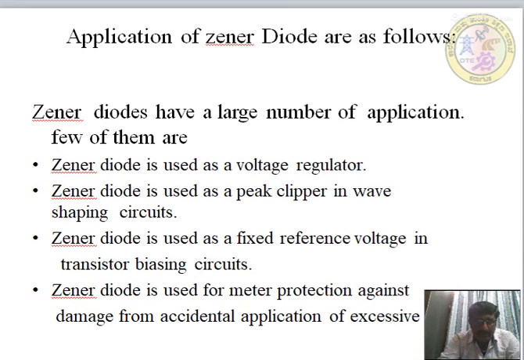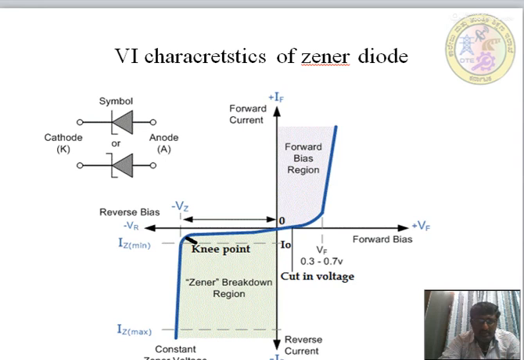These are the applications of the Zener diode. It is applied in almost every area of electronics: voltage regulators, clippers and clampers, transistor biasing, and protection against accidental excessive voltage. The main thing is the characteristics. A normal diode was only active in forward bias, and in reverse bias there was no flow of current.